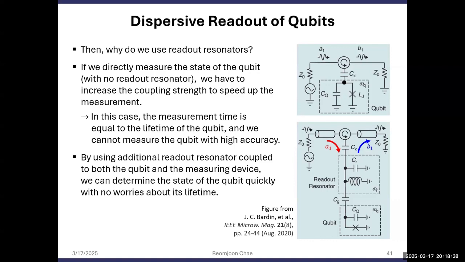In this case, the problem is that if we want to speed up the measurement by increasing the capacitor C kappa, then at the same time the lifetime is going to be shortened. That means there is a huge trade-off between the speed of the measurement and the lifetime of the qubit. That is why we use readout resonators.